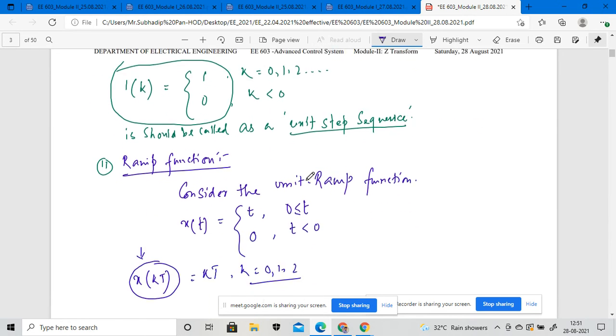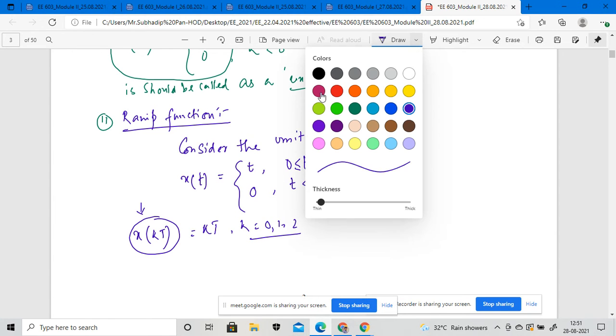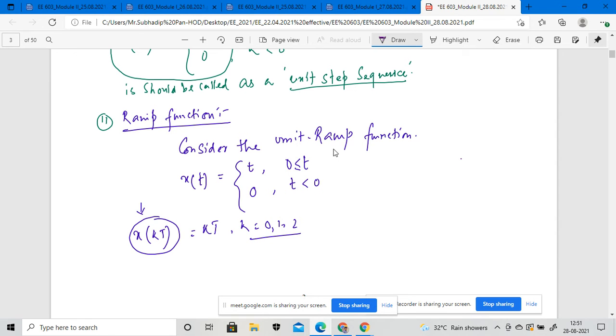So the figure I drew in the previous lecture, suppose we consider this equation, what will be my figure? The figure should be like this. On this axis we consider x of t, and on this axis we consider t.